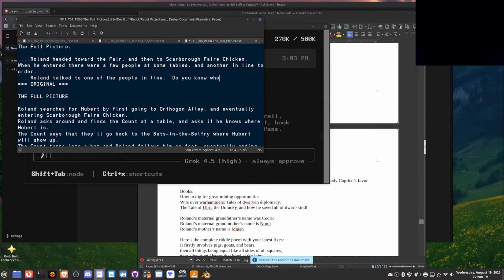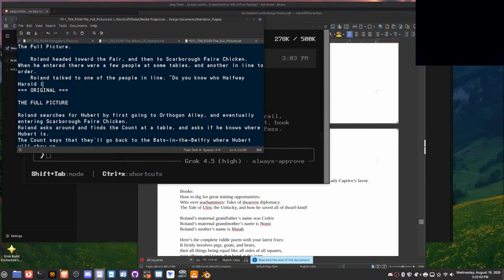Do you know who Halfway is? To the man that was standing in line. You know who Halfway is? He shook his head no. He then asked a woman.